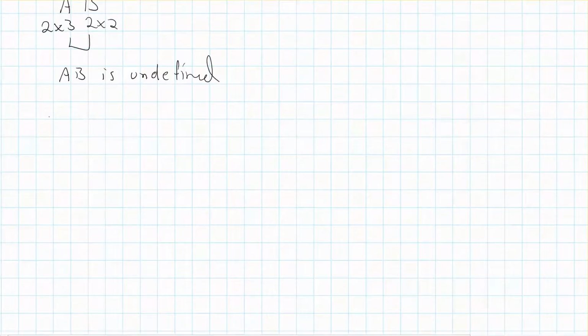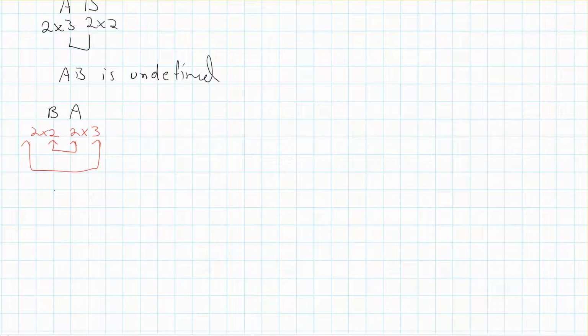Now what about B times A? Well, this is a 2 by 2, and this is a 2 by 3, so these numbers do match, so it's defined, and then I also know that my result is a 2 by 3 matrix. So let's write it down here.